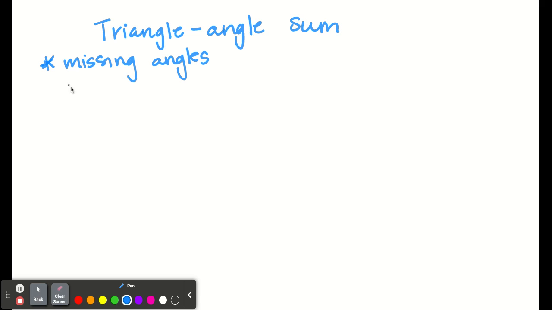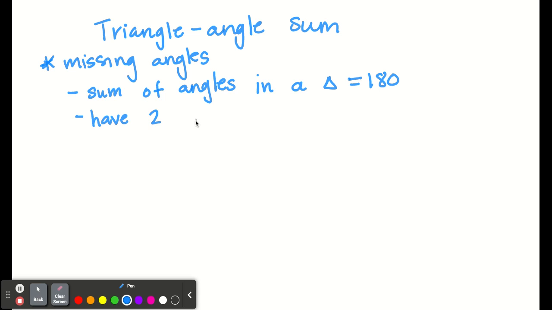And this tells us that the sum of the 3 interior angles in a triangle is 180 degrees. But we must have 2 of the 3 angles to find the missing angle using the triangle angle sum theorem.